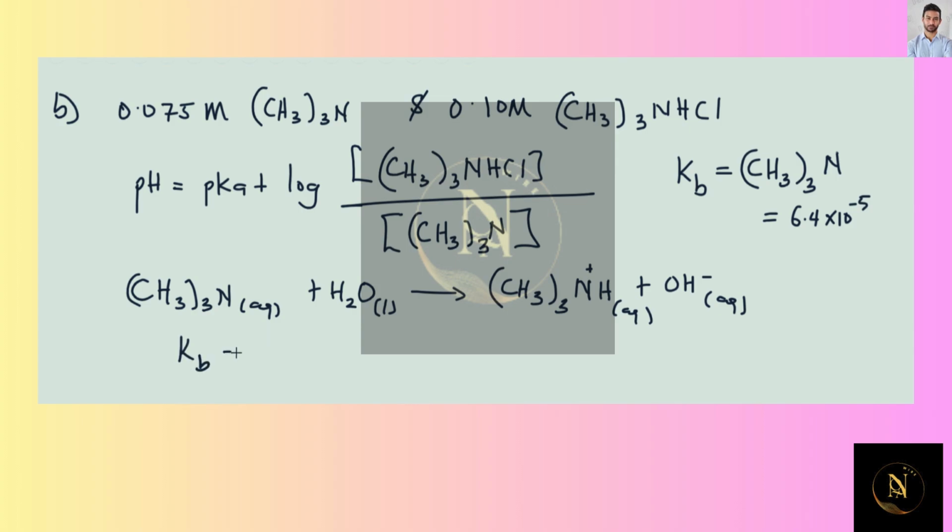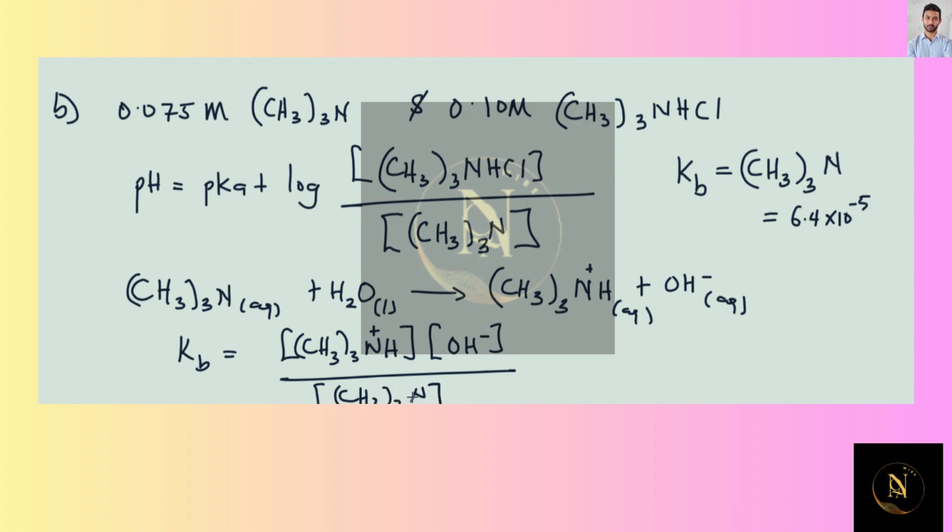So the Kb will be the (CH3)3NH+ concentration times the OH minus concentration divided by the (CH3)3N concentration, and that's the Kb that we have here, 6.4 times 10 raised to the power minus 5.